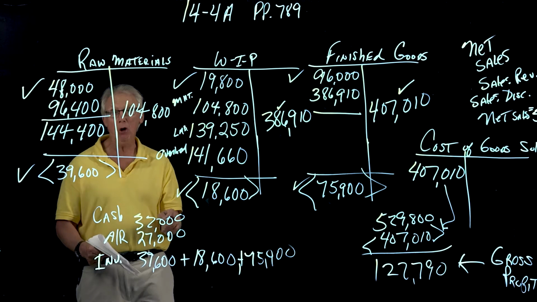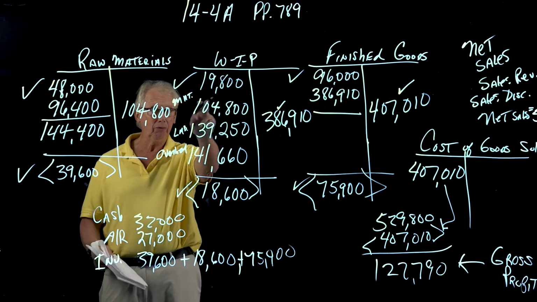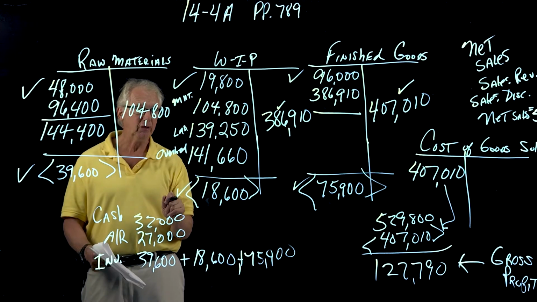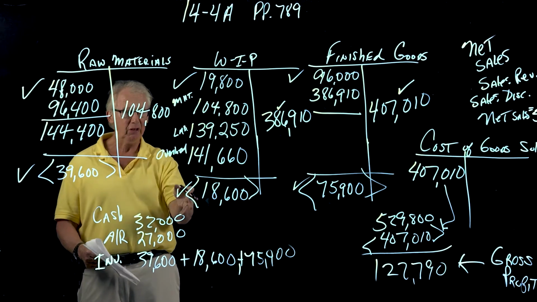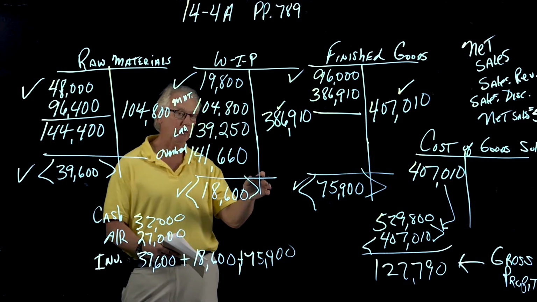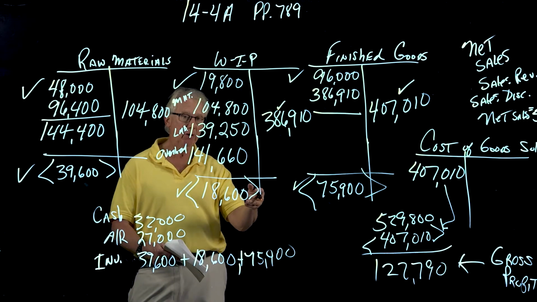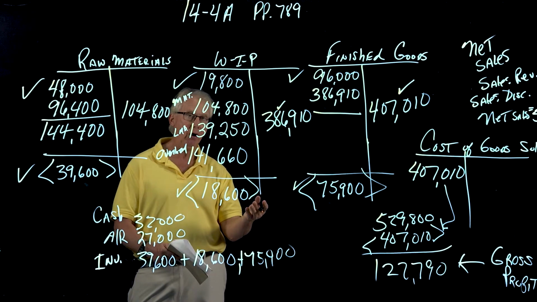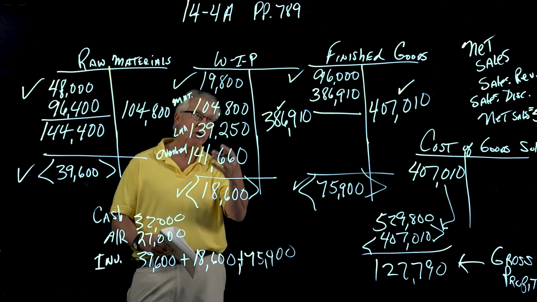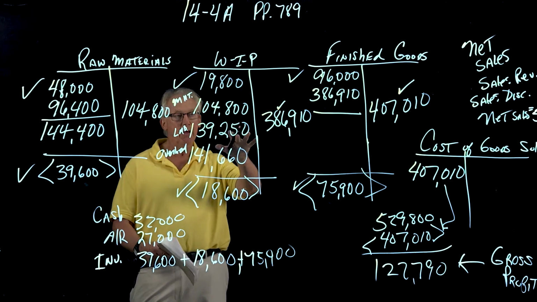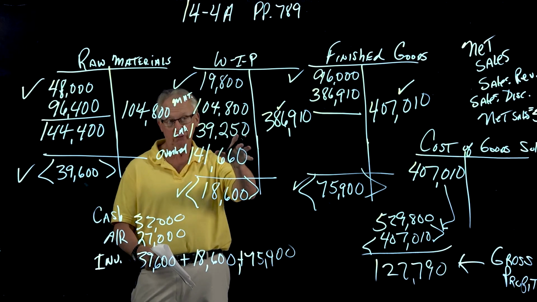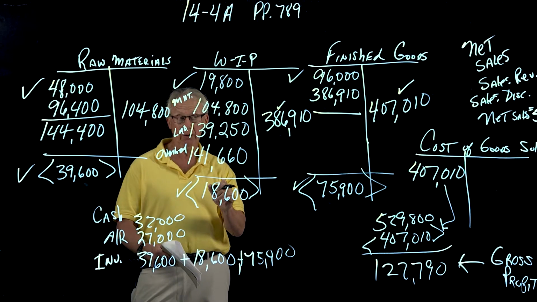And remember, the flow is always from raw materials to work in process. Work in process houses direct materials, direct labor, and manufacturing overhead costs. Then from work in process, the cost that you figure out, which is the cost of goods manufactured, travels over to finished goods.